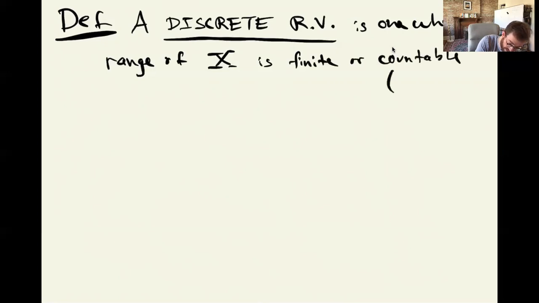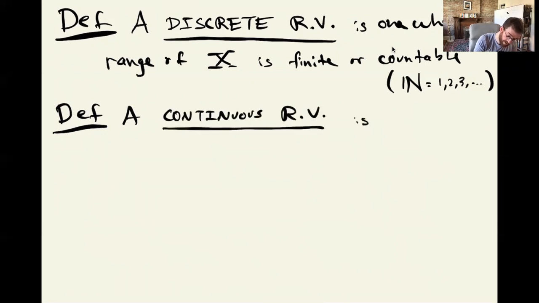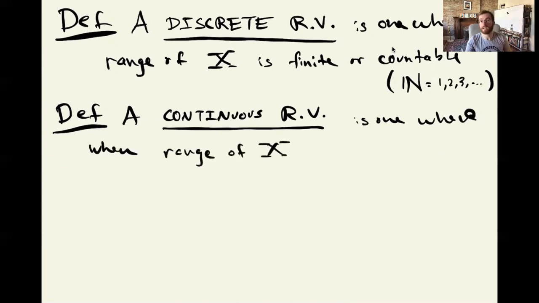So we're going to think of this as like the natural numbers, 1, 2, 3, so on and so forth. And by contrast, a continuous random variable is one where the range of X is continuously varying.